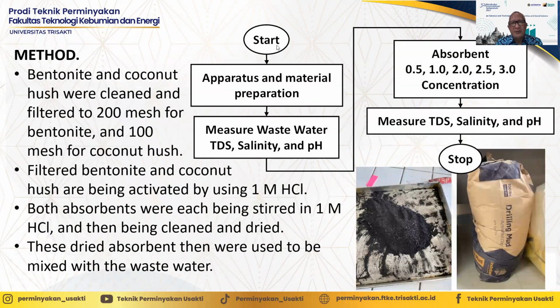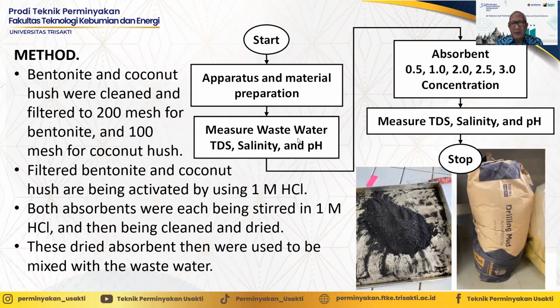The method starts with preparing the apparatus and the materials. The materials are bentonite, in the picture on the right, which is a common drilling mud, and coconut husk on the left side.